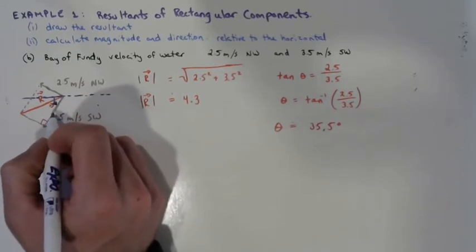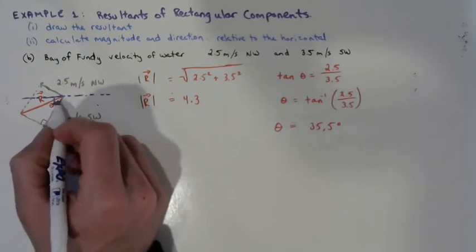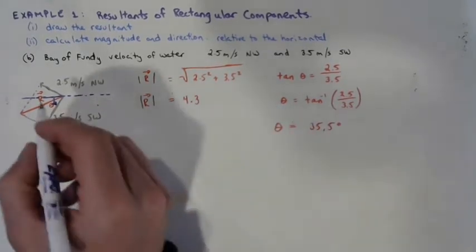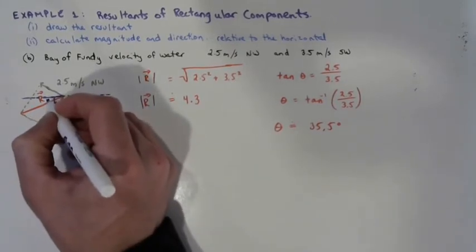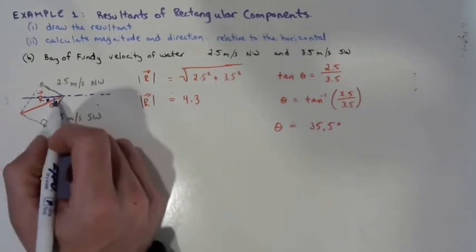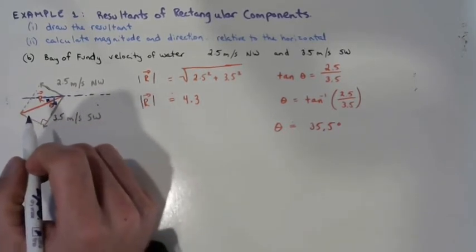Why is that helpful? Well, because we know what angle theta is. Angle theta is 35.5 degrees. So whatever's left in here is going to be the angle that we're looking for with respect to the horizontal, okay? So let's write that out.